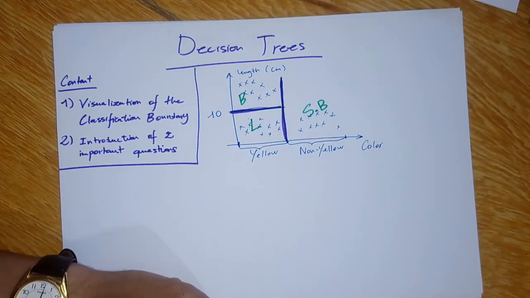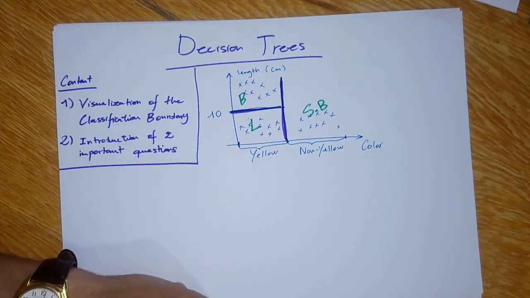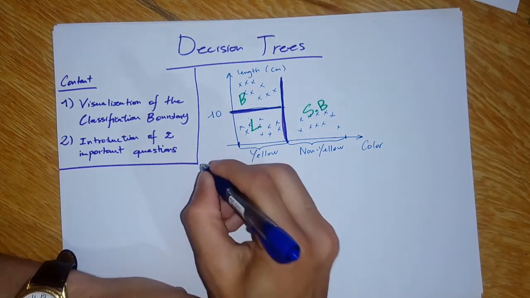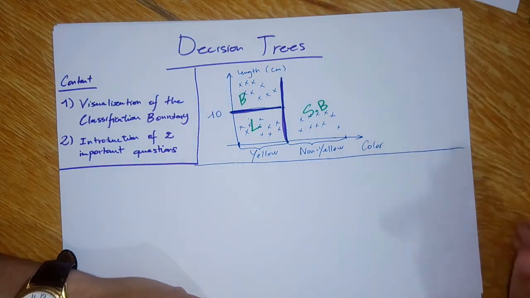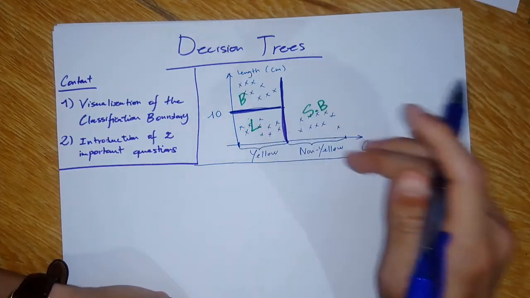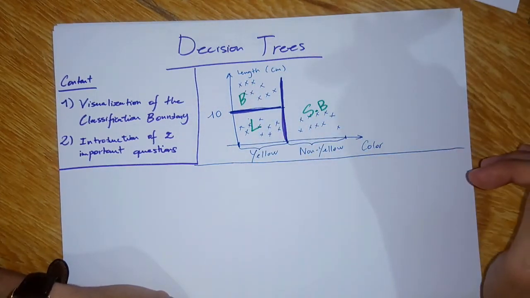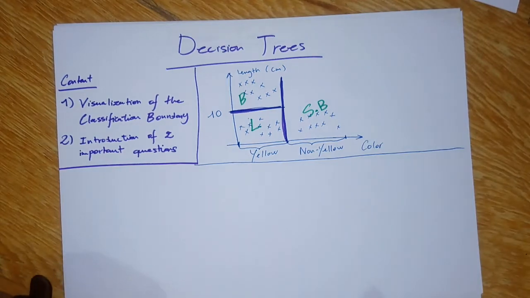Now, in order to introduce you to these two important questions, let me give you another example of visualization of the decision tree, right? And I will use only numerical features. So here I used both numerical features and categorical features, which is the color. Now I am going to use only numerical features.